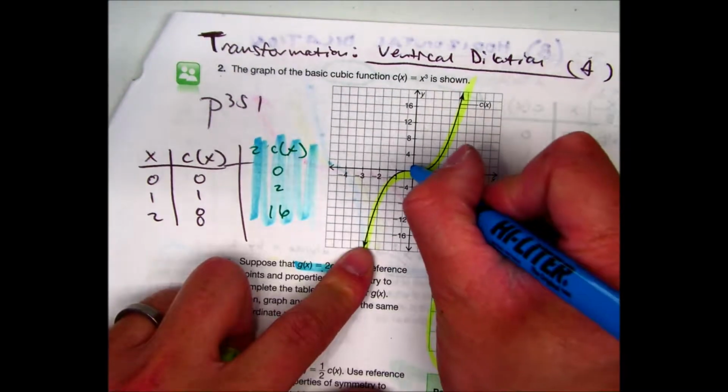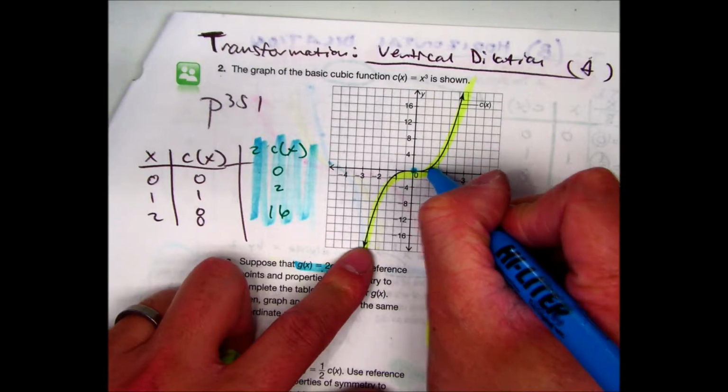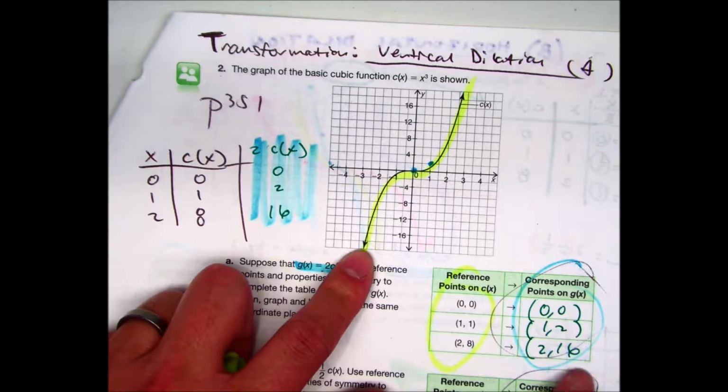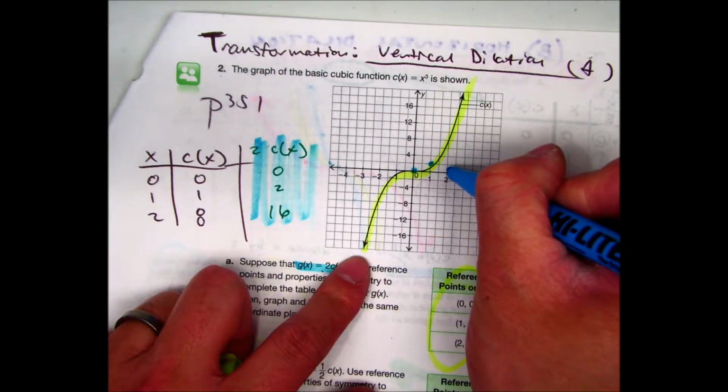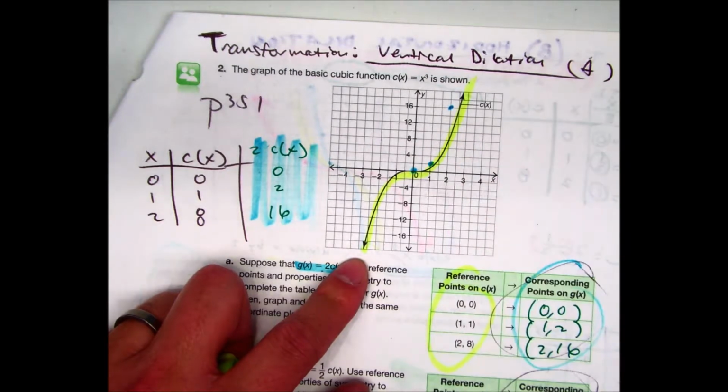0, 0 at the origin. 1, 2, pay attention. So that would go 1 box, and then I need to go up 2 boxes. 2, 16, right 2 boxes, up 16 boxes.